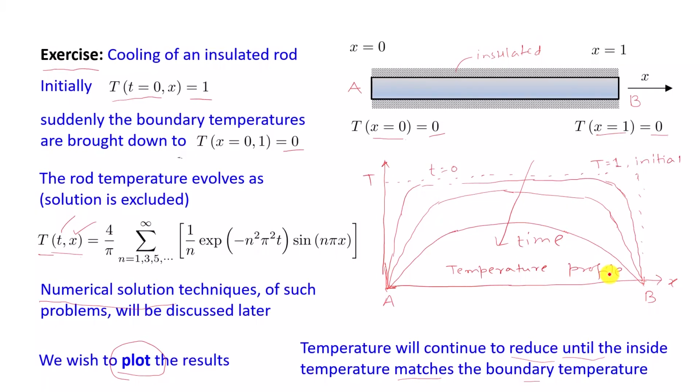So now let us go to matplotlib and see how we can generate the data file and plot the results. When we generate the data file, please try to understand that T as a function of time and x is a continuous function here, but when we generate the data file, it will be discrete.